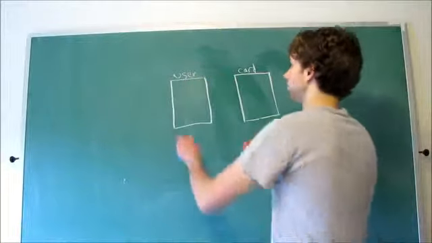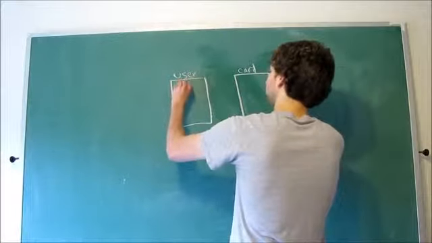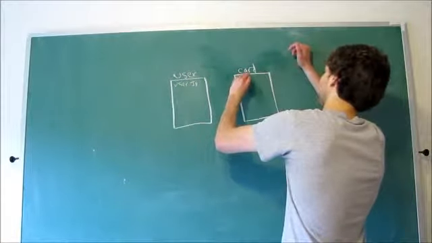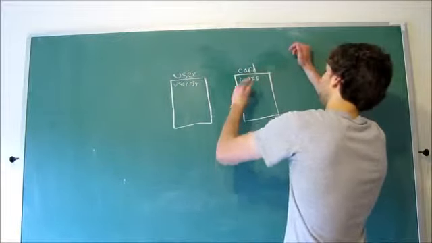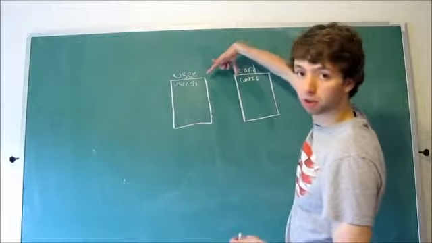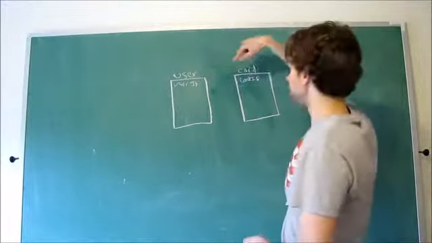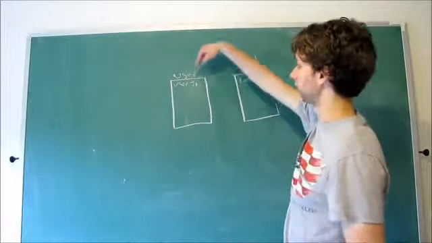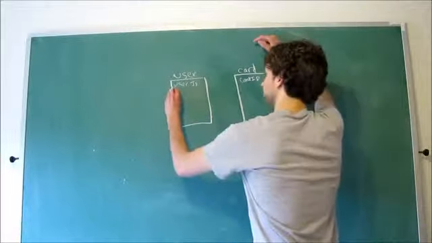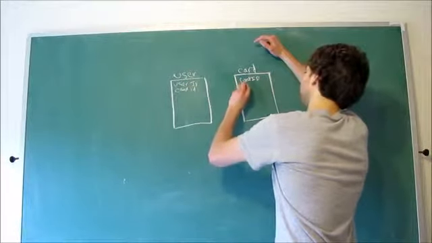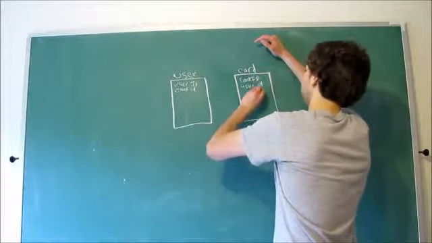We have the user ID, and then we have a card ID. And then, to connect these as a one-to-one relationship, we have a foreign key, so we put a connection with the card ID in the user table, the user ID in the card table, so card ID, user ID.